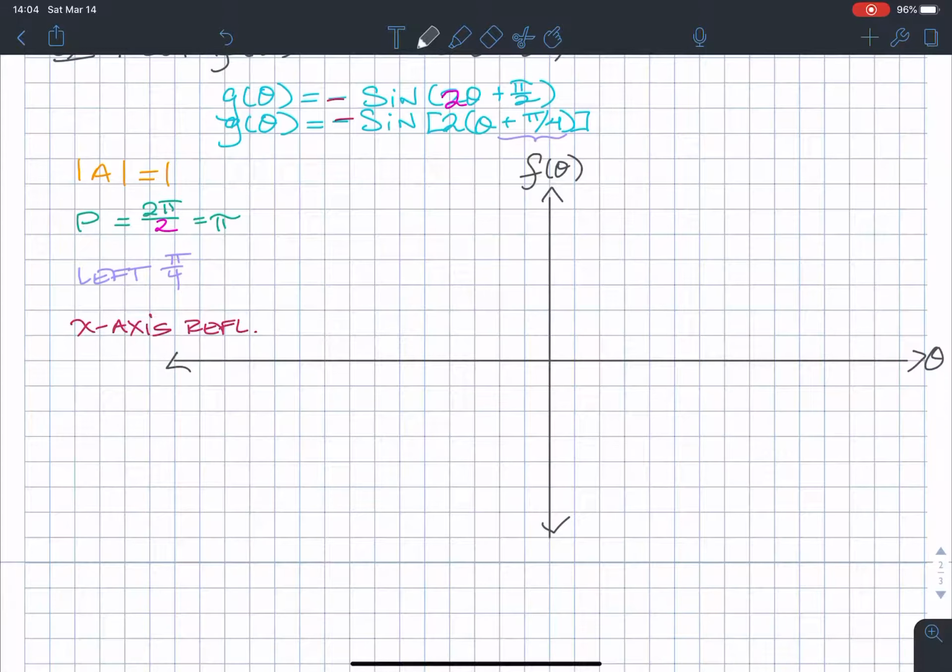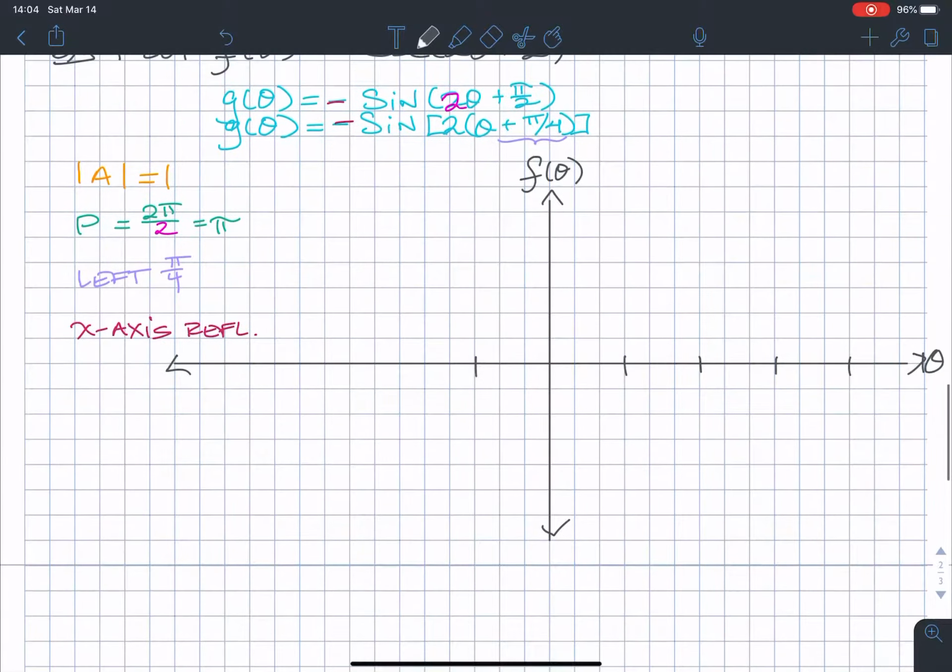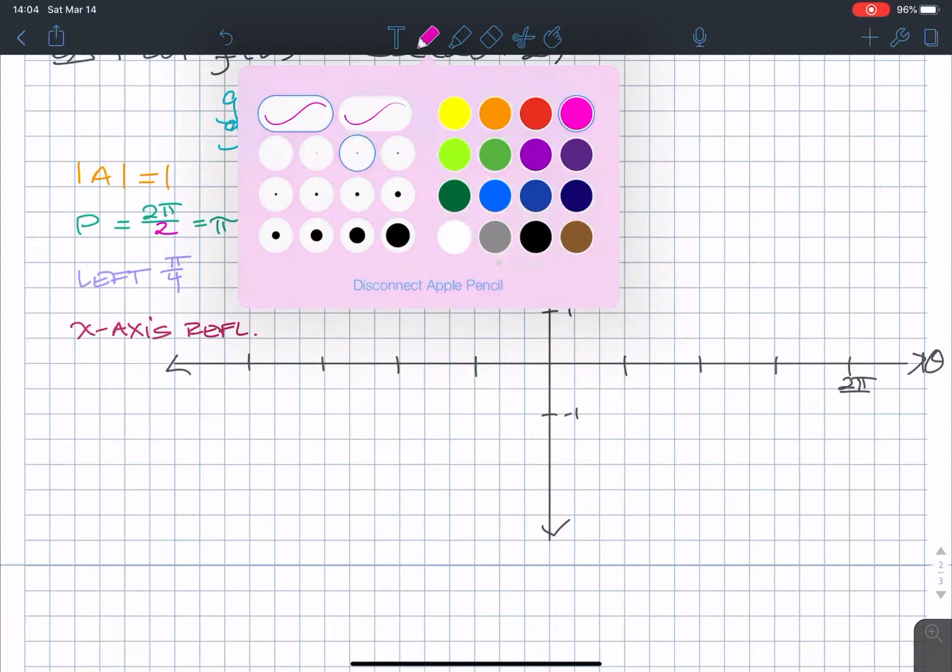Let's do 1, 2, 3, 4, almost 5 tick marks. 1, 2, 3, 4 tick marks. 1, -1. Okay, so I know that 4 tick marks is 2 pi divided by 2 in this case.